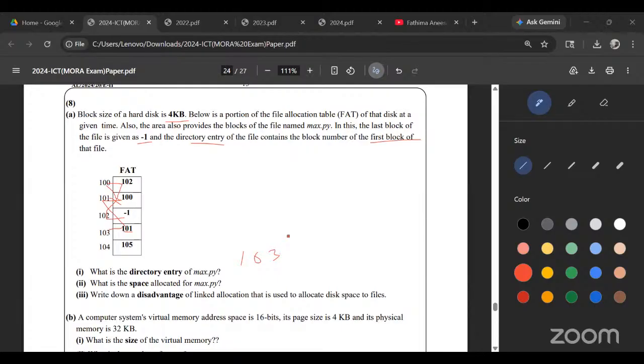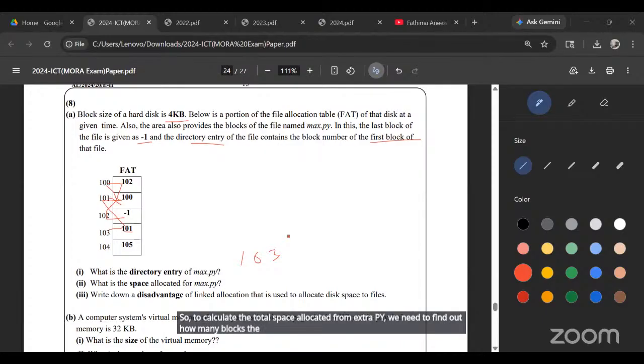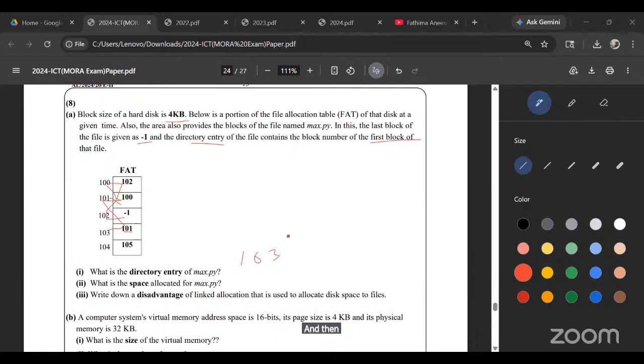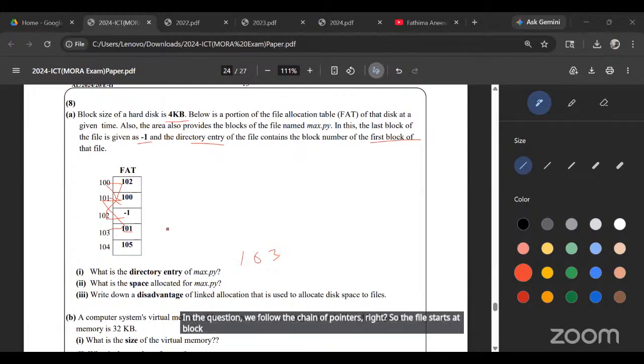To calculate the total space allocated for max.py, we need to find out how many blocks the file occupies and then multiply that by the size of each block. Now, based on the file allocation table in the question, we follow the chain of pointers, right? So the file starts at block 103.